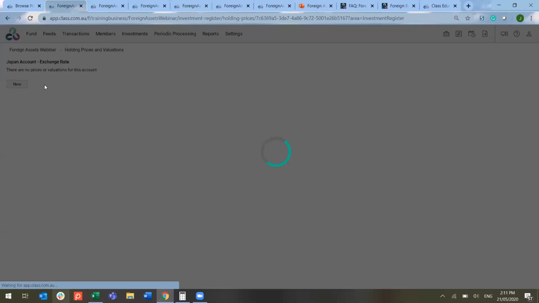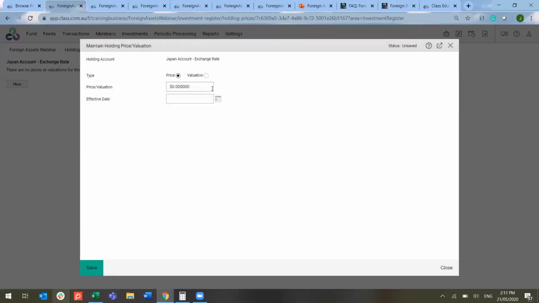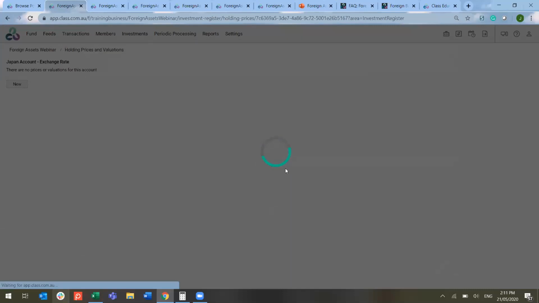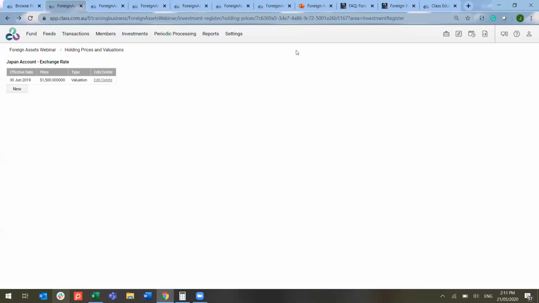You just need to click on new and add in the new closing balance or the exchange rate. So in here, price stands for the actual exchange rate, and the valuation stands for the actual balance as of 30th of June. So update it from here. We'll go a bit further later as we go along with this session.